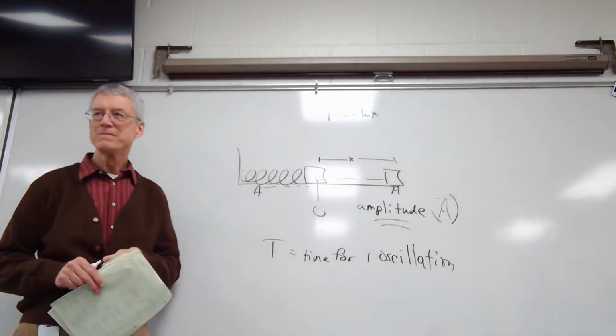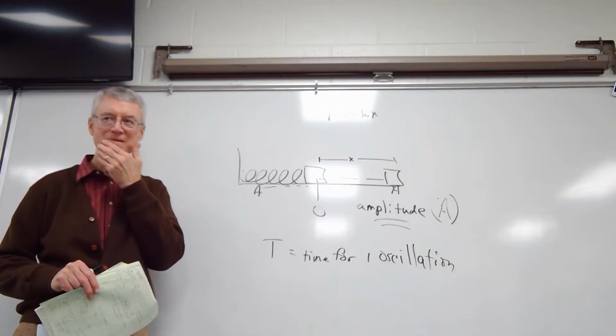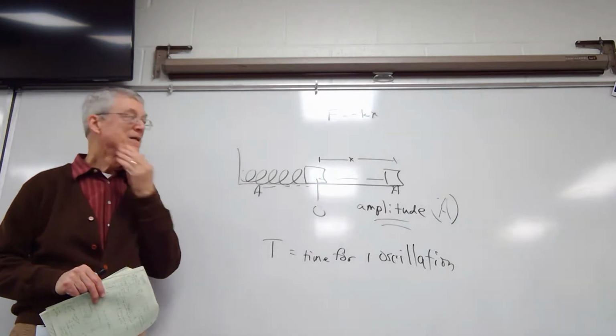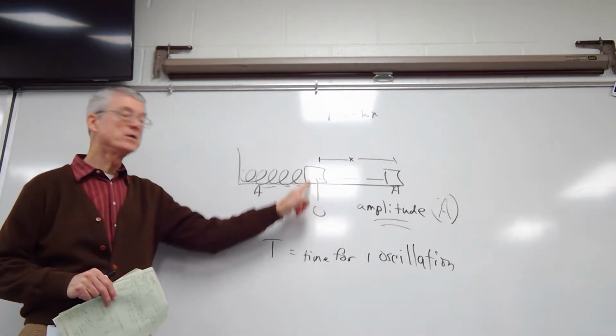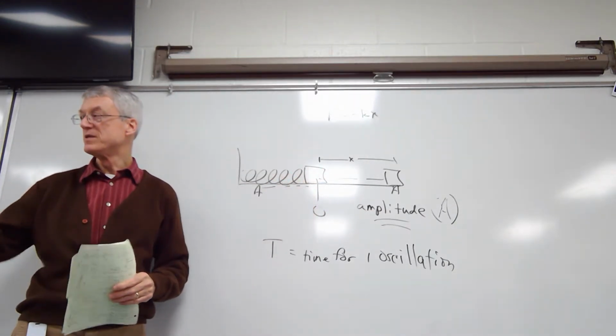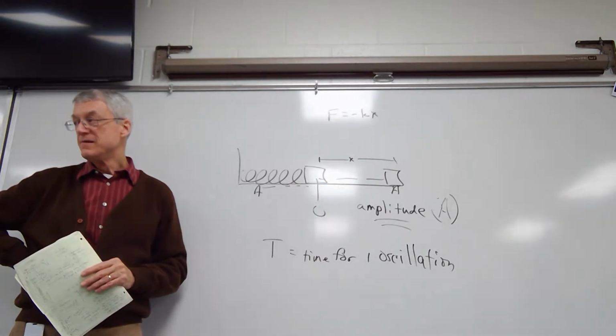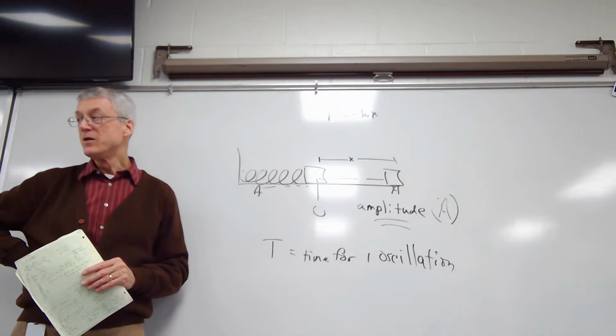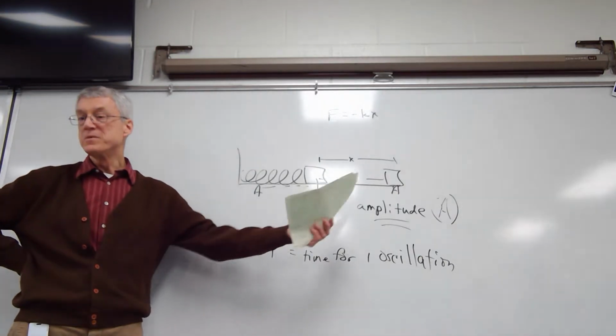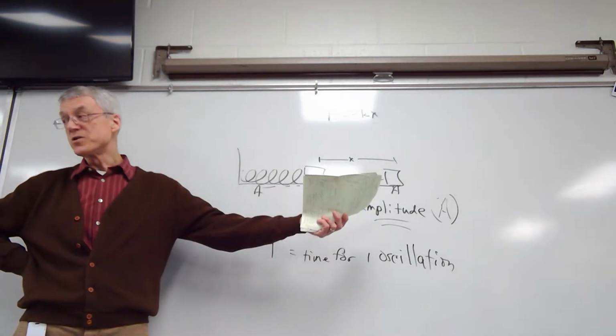Yes, Kyle. So is amplitude only like from the center to one extreme? Yes. Amplitude is measured from the equilibrium point, which is the center. So is one oscillation from equilibrium to maximum to equilibrium? No, it's from maximum back to where it started from.